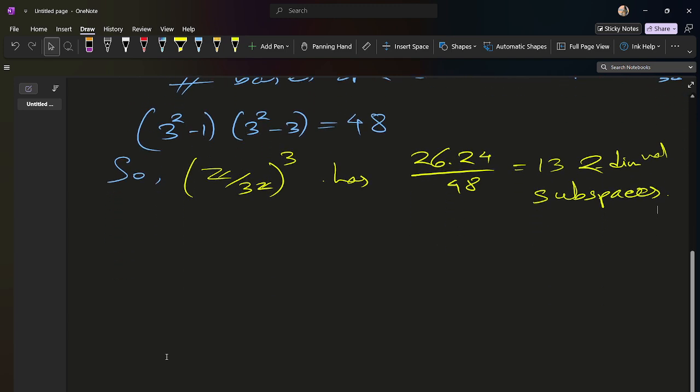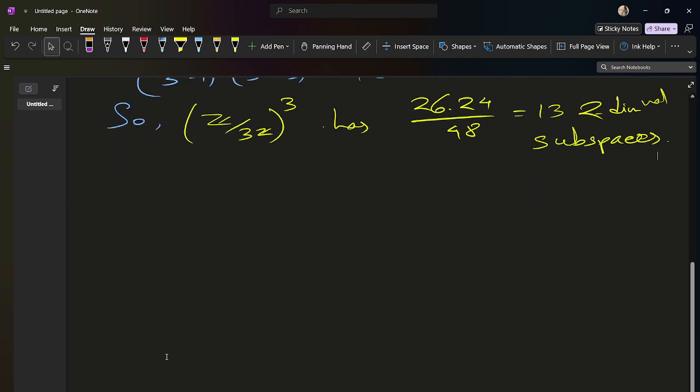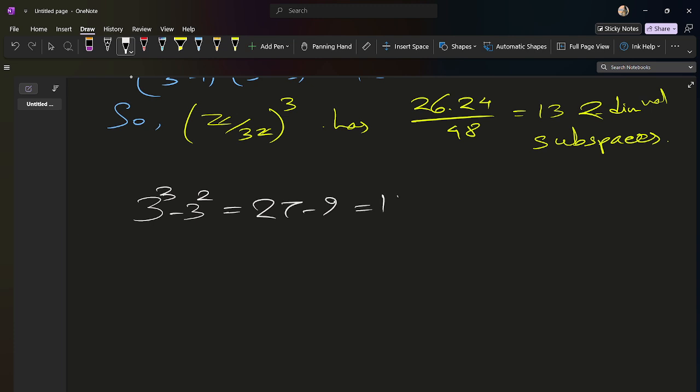Okay. So now after that, we have to find the number of one-dimensional eigenspaces of 1. We can choose the vector in 3 cube minus 3 square ways. That is 27 minus 9, which equals 18 ways.